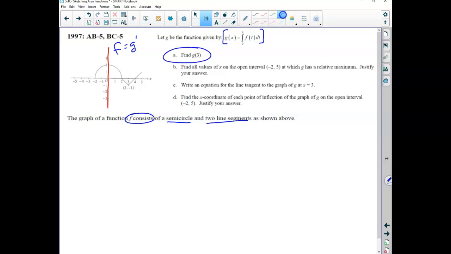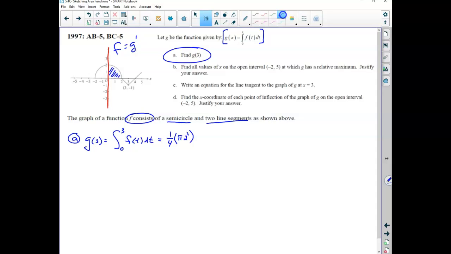So if I got to find g of 3, well, this is going to be part A. G of 3 is going to equal my integral from 0 to 3 of f of t dt, which is going to equal that. What is that? That's a semicircle. That is 1/4 of a circle, 1/4 of pi 2 squared.